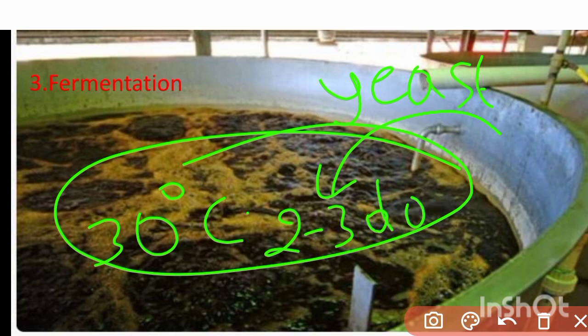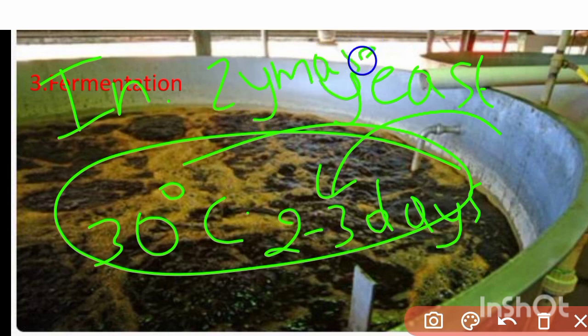During this period, two enzymes mainly participate in the fermentation: invertase and zymase. Invertase brings about hydrolysis of sucrose, and zymase converts glucose and fructose into ethyl alcohol and carbon dioxide.